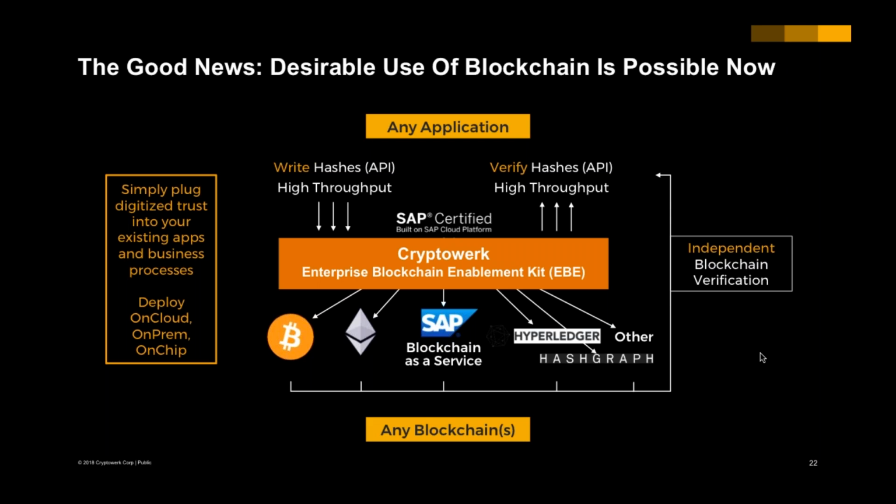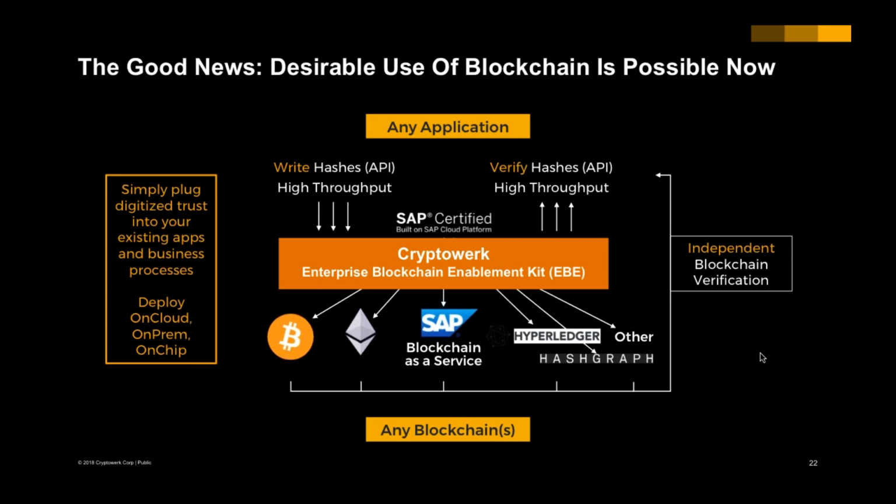And you only put the digital fingerprints, which are very small, about 32 bytes long. I hope it's not too much technology. So very small file. And that one you can actually put on blockchains, any blockchain, and there you have interoperability.